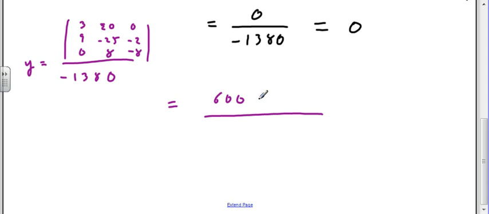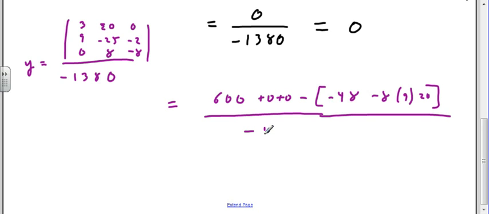The next guy is 0. The next guy is 0. Minus I've got a 0. I've got a 4 times 8. 6 times 8 minus 48. And I've got a minus 8 times 9 times 20. And underneath I got a minus 1380. Alright, so I got 600 plus 48 plus 8 times 9 times 20.